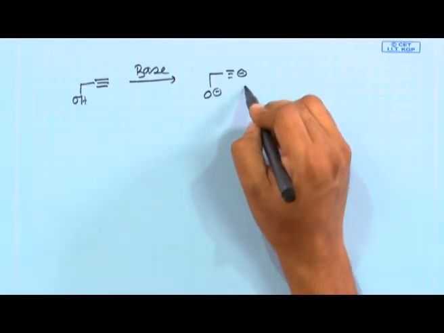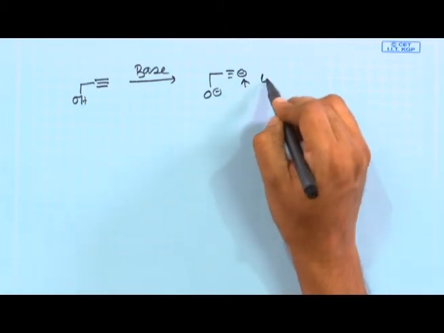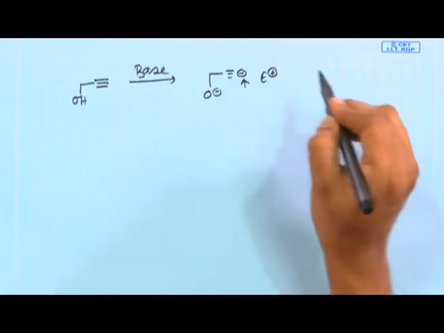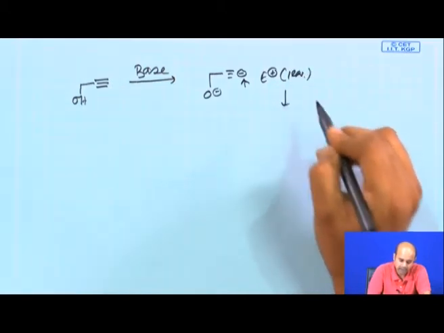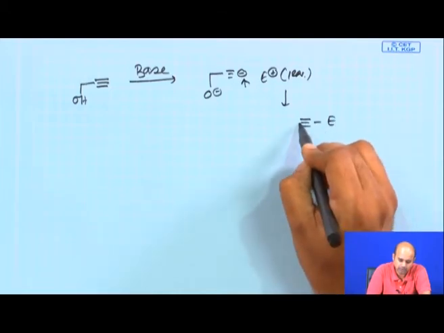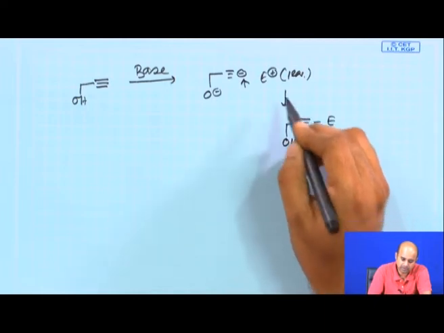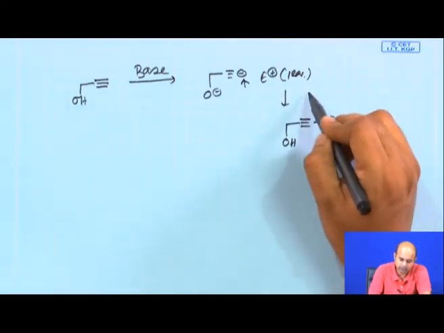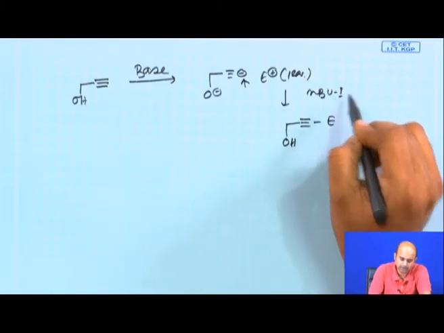So, this is much more nucleophilic. So, if an electrophile now attacks here, definitely one equivalent, then you will find that this carbon-electrophile bond will now form here and you get an OH. Now, in this case the electrophile you are using is basically n-butyl bromide or iodide.